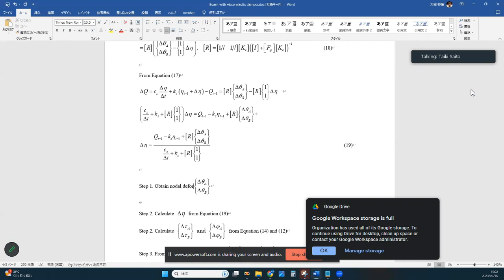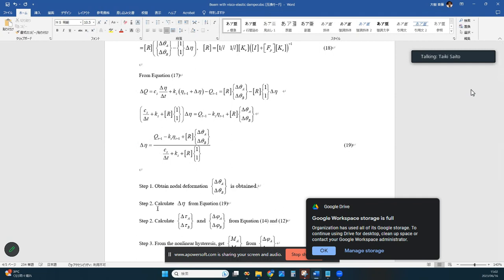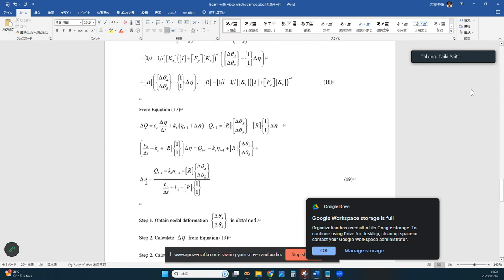So nodal deformation, delta theta, is obtained from, for example, the Newmark beta method or time integration method. Then we use this formula to get the increment of damper displacement. Eta is the damper displacement.